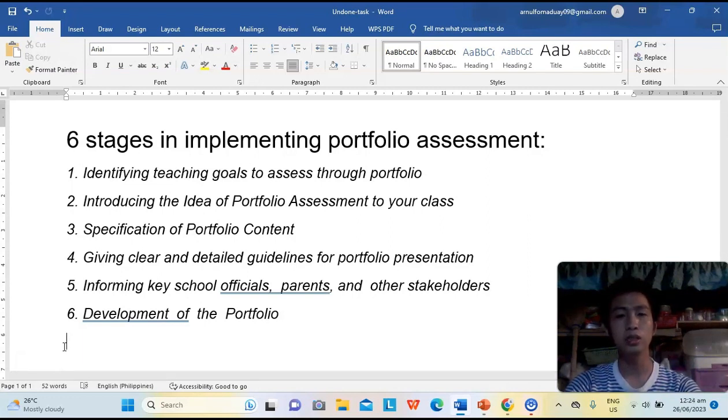Second, introducing the idea of portfolio assessment. Third, specification of portfolio content. Fourth, giving clear and detailed guidelines for portfolio presentation. Fifth, informing key school officials, parents, and other stakeholders. The sixth and the last one is development of the portfolio.